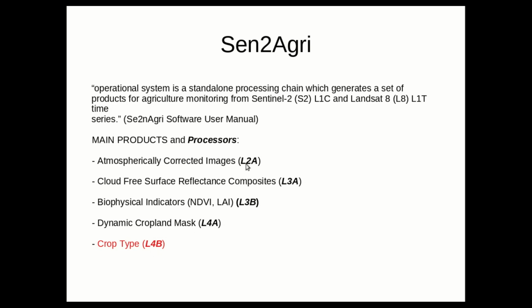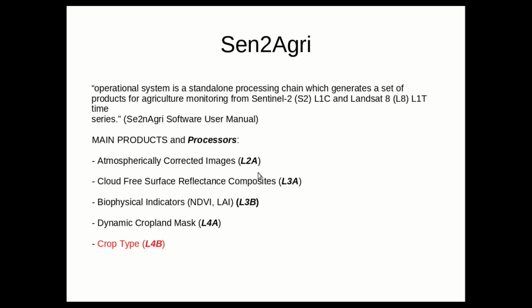The L in this naming convention means level. So as the product has a higher numerical value for its L, it means that some processing or some basic post-processing have already been done to produce such product.